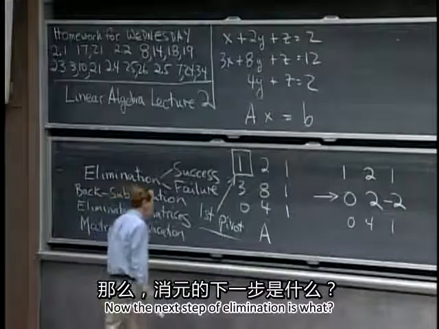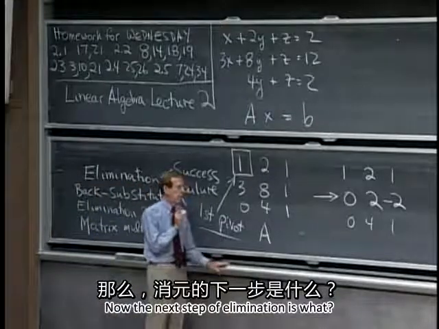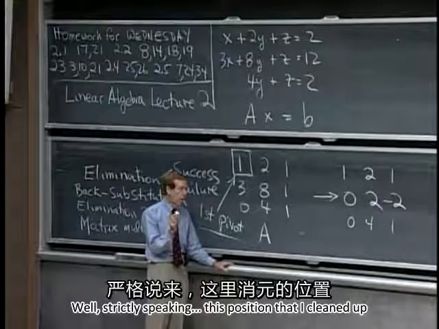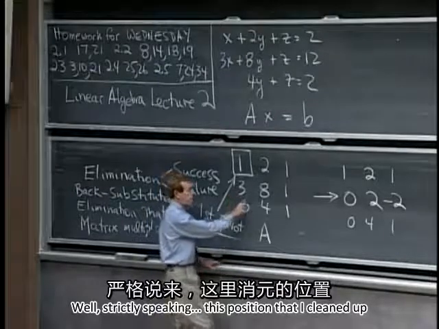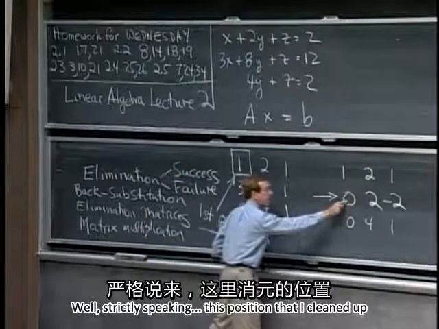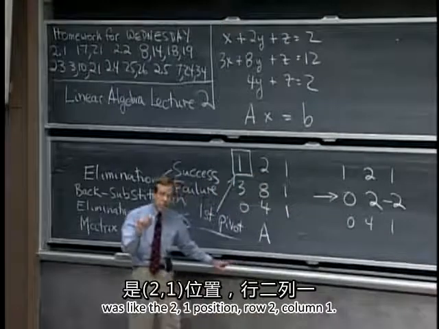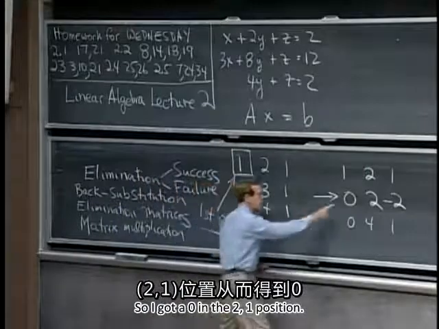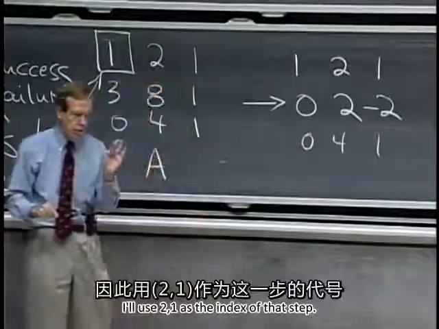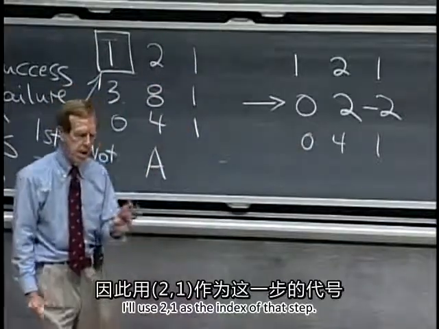Okay, now the next step of elimination is what? Strictly speaking, the position that I cleaned up was the 2,1 position, row 2, column 1. So I got a 0 in the 2,1 position. I'll use 2,1 as the index of that step.